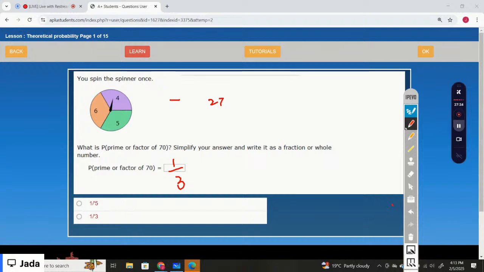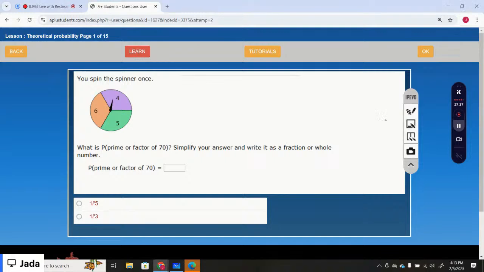That is 1 over 3. Option number 3 is the correct option. That is 1 by 3.